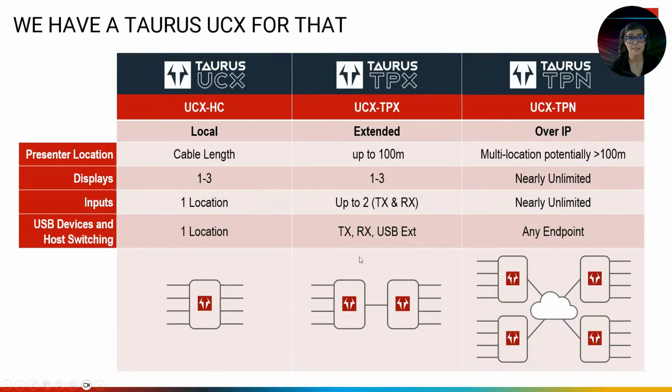Our next type of Taurus is going to be our Taurus TPX line, and this is going to be for your extension issues, and it's going to be able to, again, extend those signals out for you by using a transmitter and a receiver. Our next set of Taurus products is going to be our Taurus TPN, and this is instead of extending that out, and they're both using SDVOE technology, and I'll touch on that in just a minute. The TPX is using point-to-point.